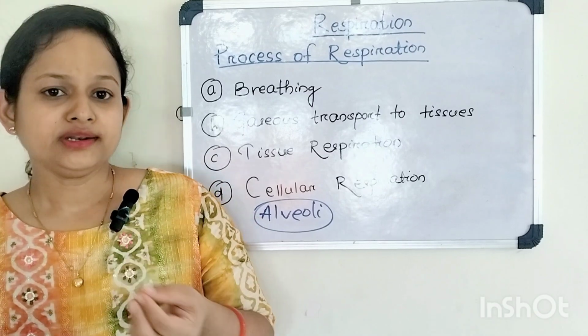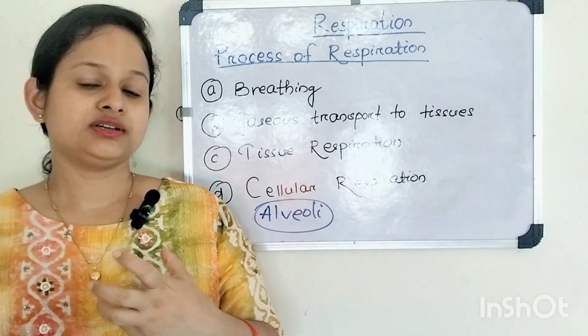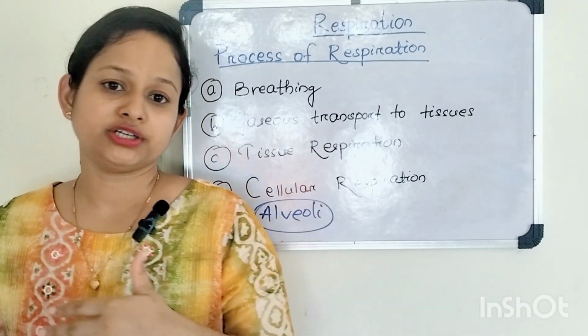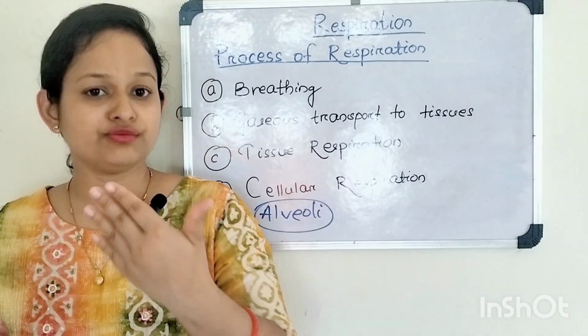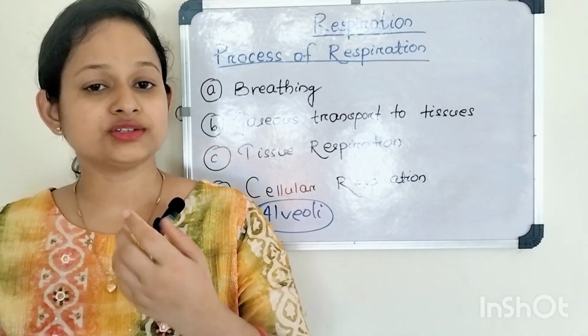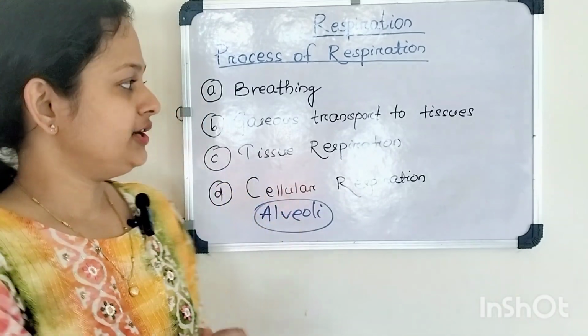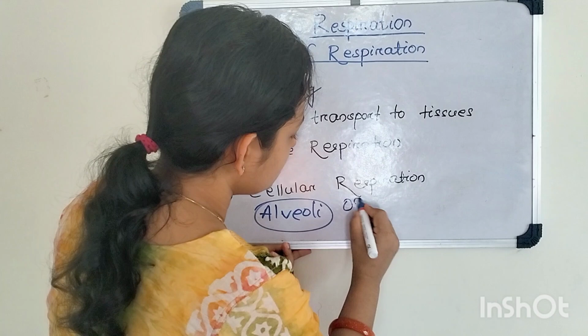When the oxygen mixes with the blood, and the red blood cells contain the hemoglobin, it forms oxyhemoglobin.